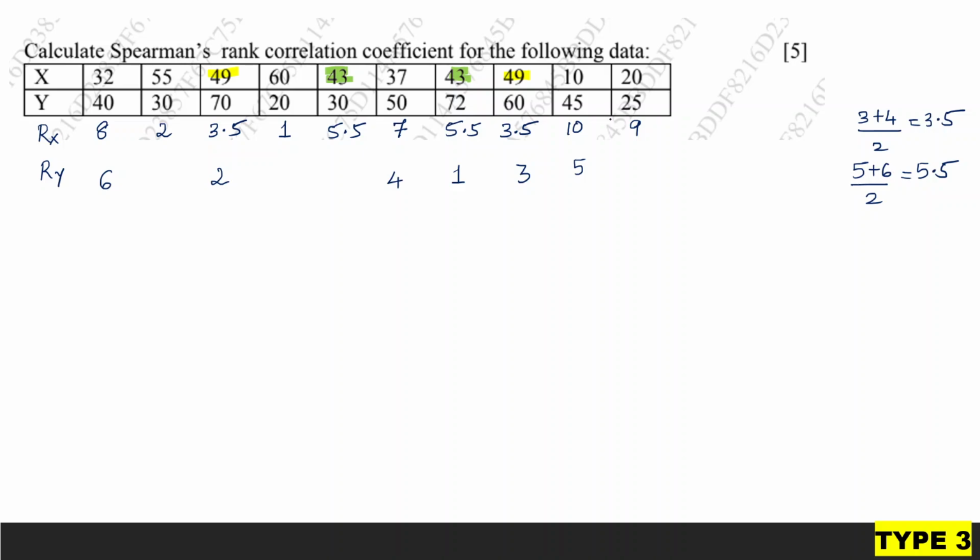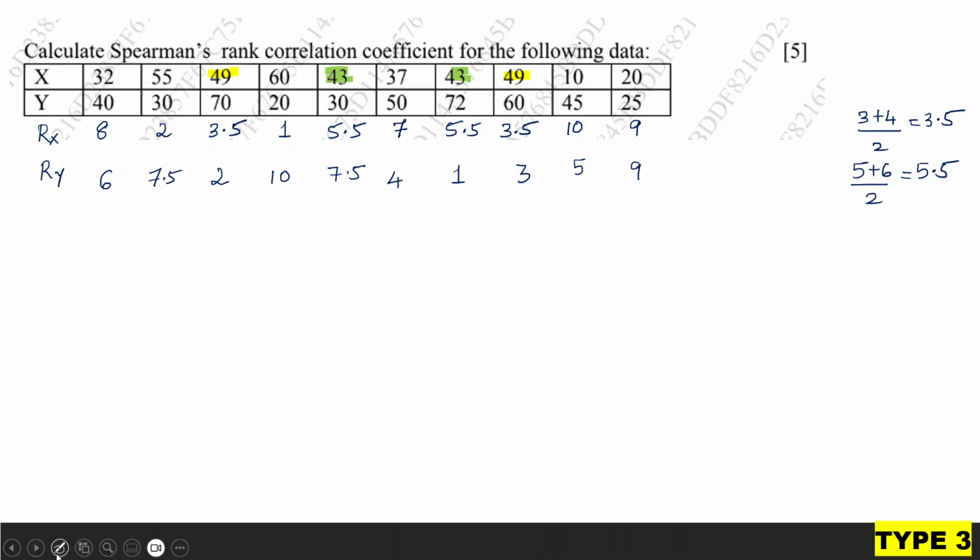Then we have 30, which is repeated twice. So the average of 7 and 8 is going to be 7.5. I hope you know how to calculate that. The average was of 7 and 8, so the next rank will be 9, which goes to 25. And rank number 10 goes to 20. I hope the ranking is clear.